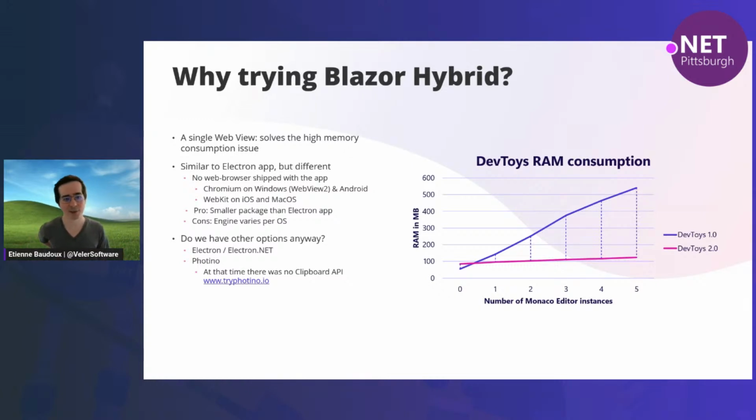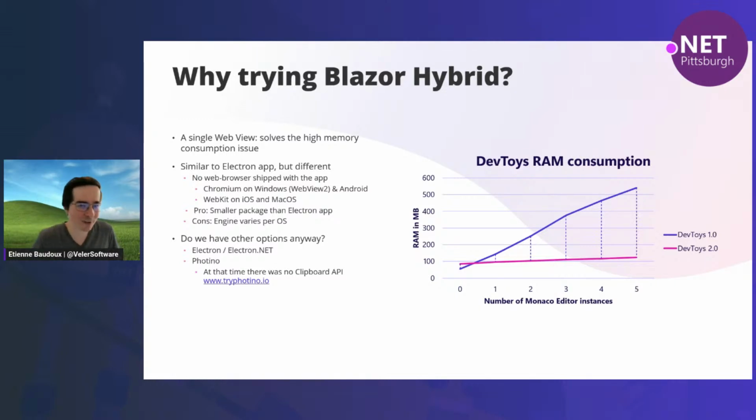Blazor Hybrid, instead, relies on the web view that is actually installed on the customer machine. So on Windows, it would be the WebView 2, which is based out of Chromium. On Android, it will also be Chromium. On iOS and Mac, it will be WebKit. And guess what? On Linux, well, it's not officially supported on Linux, but we'll come to that.